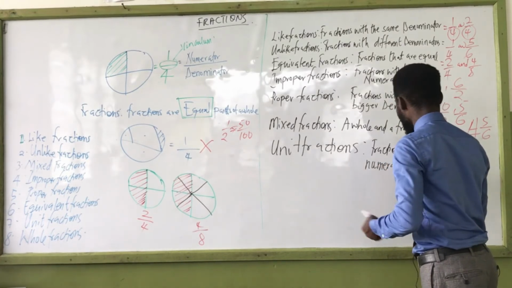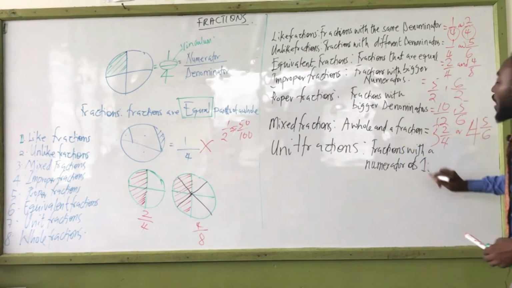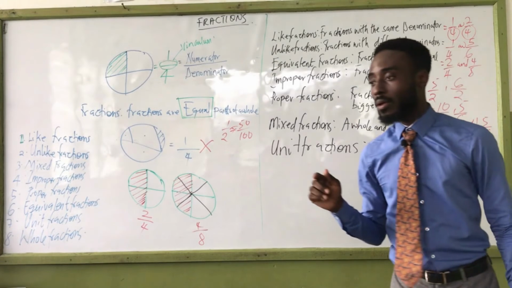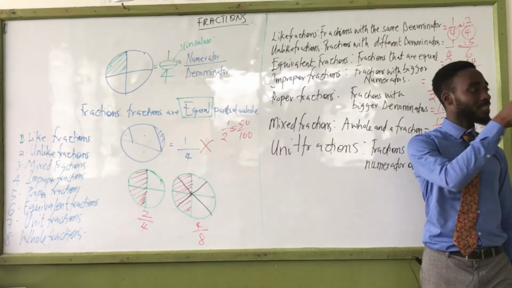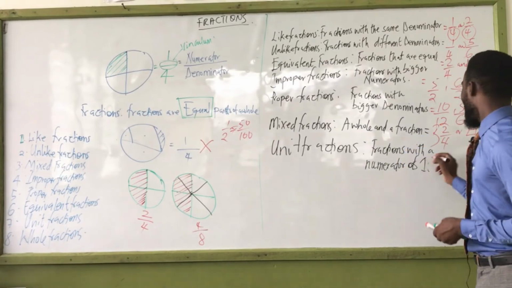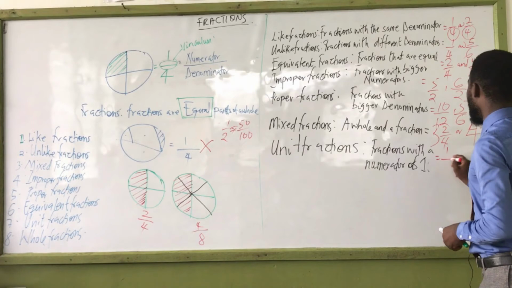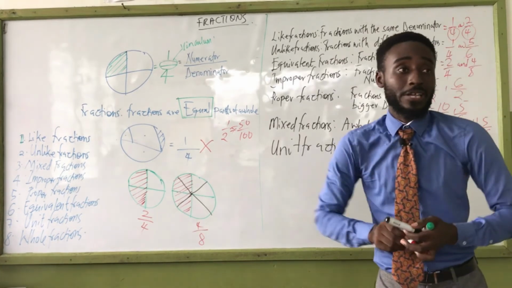An example of a unit fraction is 1 out of 10. Any other example? 1 out of 31. So simply, when a numerator is 1, it's a unit fraction.